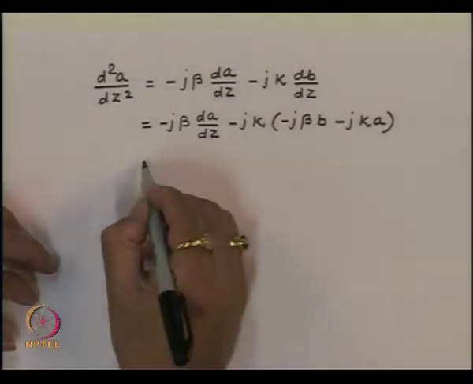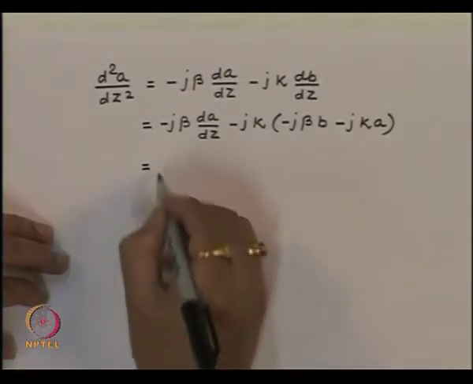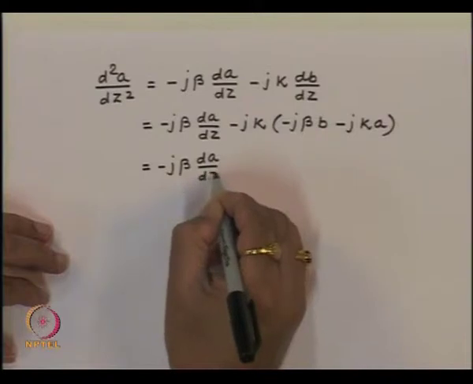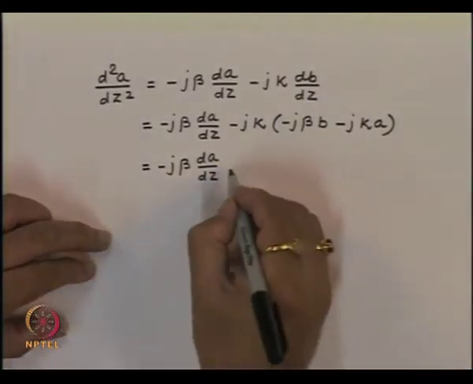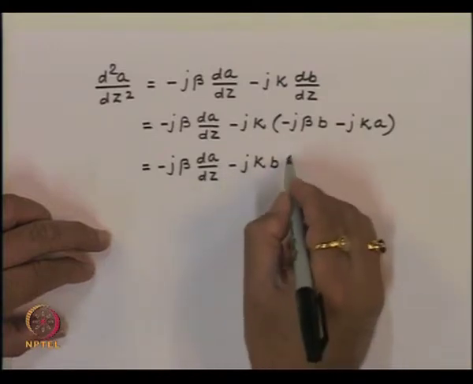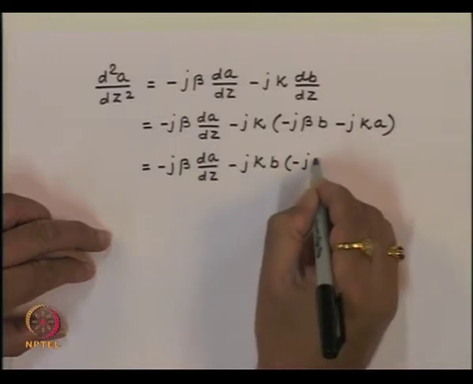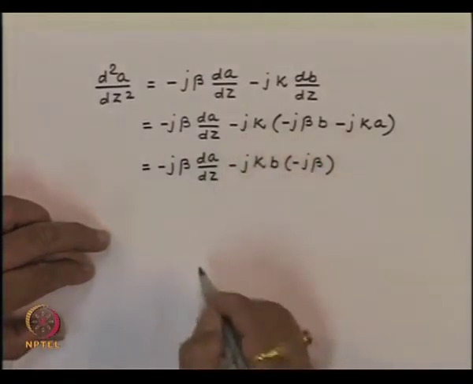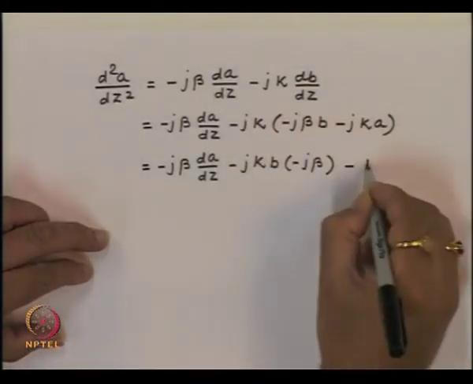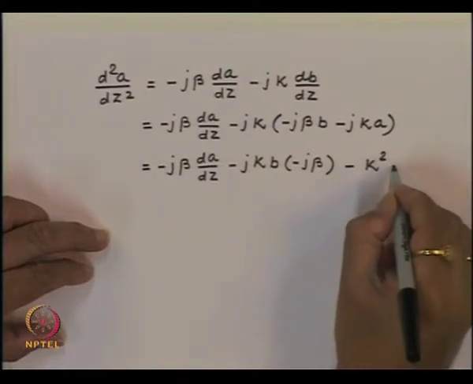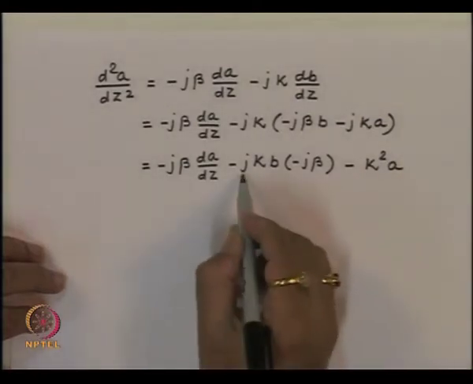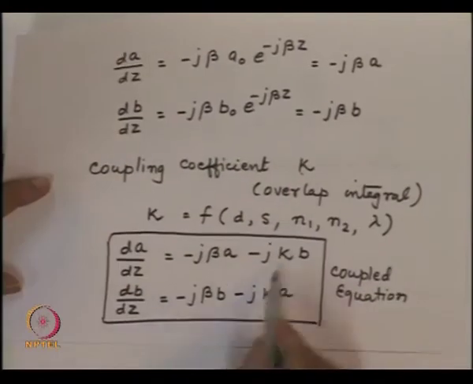I can simplify this to write as minus j beta dA by dz, minus j kb into minus j beta, this term, minus k square into A. And now I can substitute for minus jkb from the same equation here.